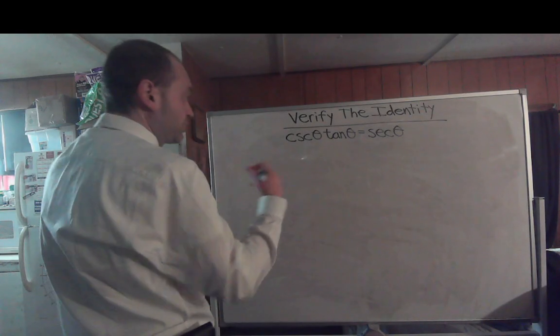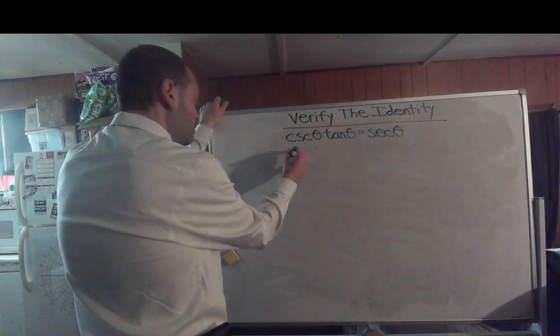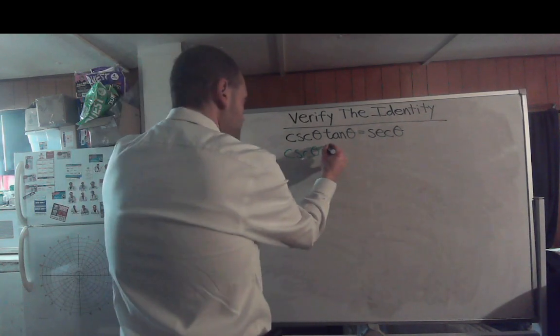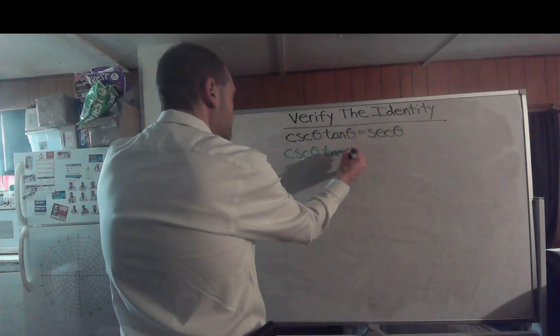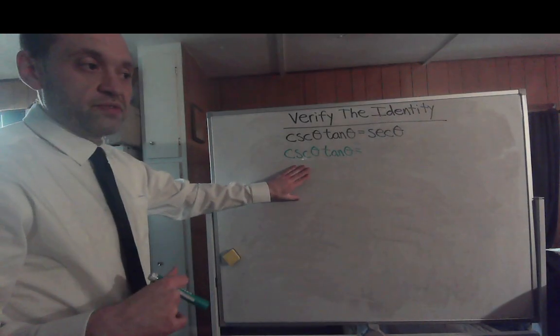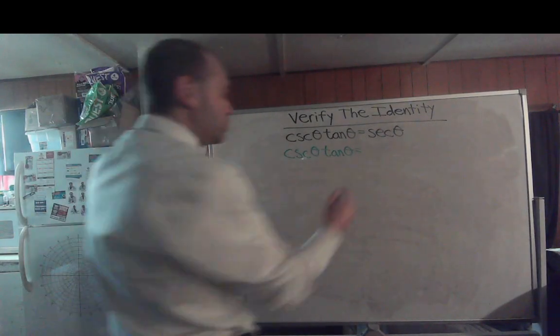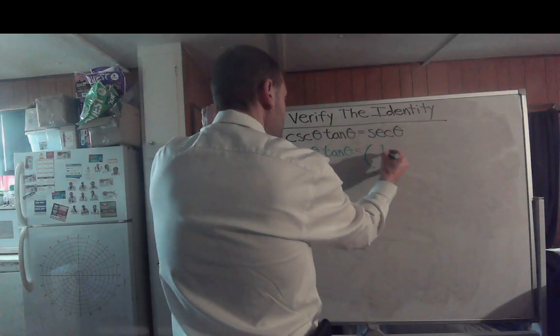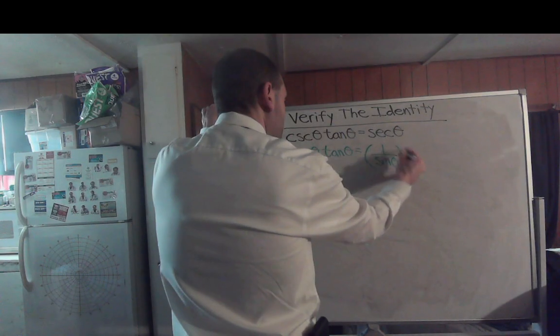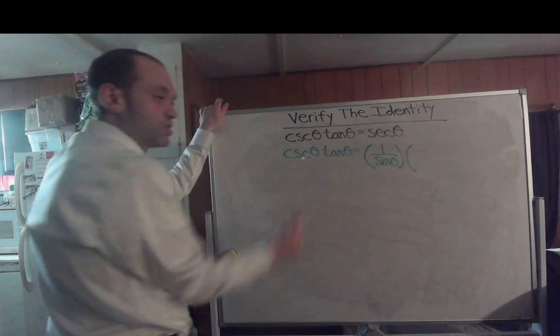Let's write out our left-hand side. So the cosecant of theta times the tangent of theta. Now let's break these down. What is the cosecant of theta? Isn't that the same thing as 1 over sine of theta? So that'd be 1 over the sine of theta times, what's your tangent of theta?